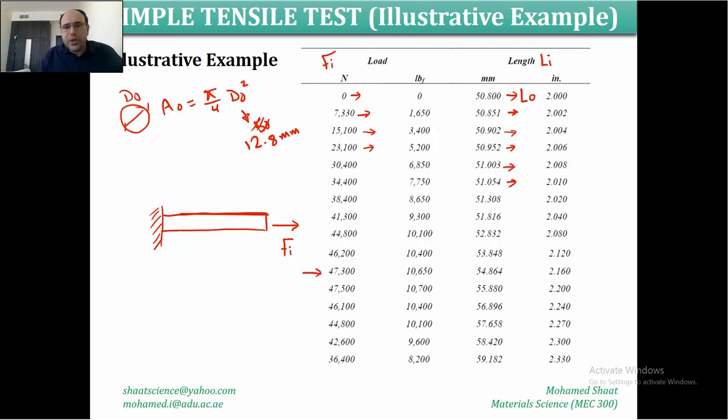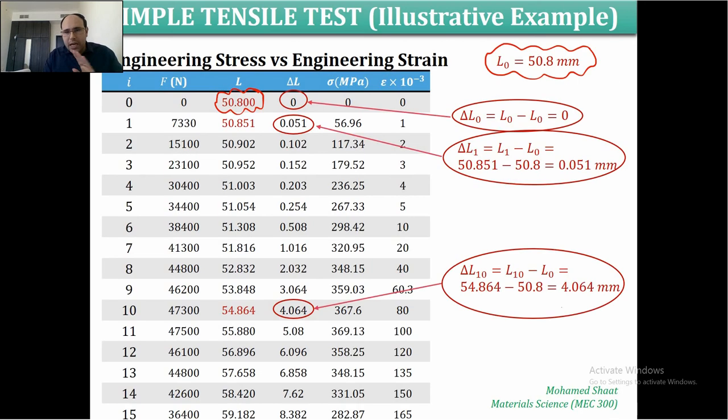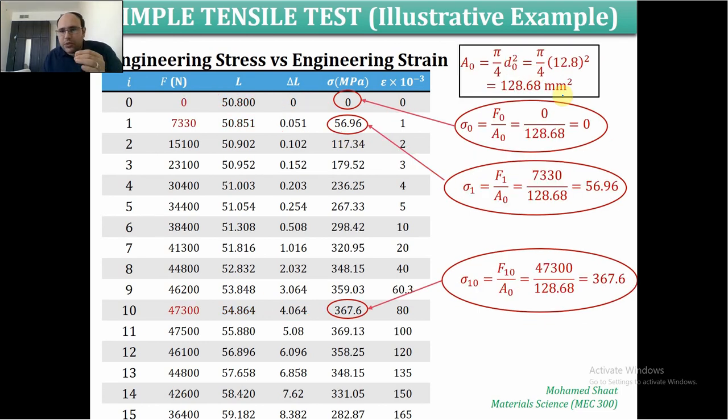Directly use the numbers as given in the same unit system. So simply, if you divide the force by the area that we calculated in millimeter square, definitely any value that we get for the stress will automatically be in terms of megapascal. Make sense? So this is simply for the engineering stress.